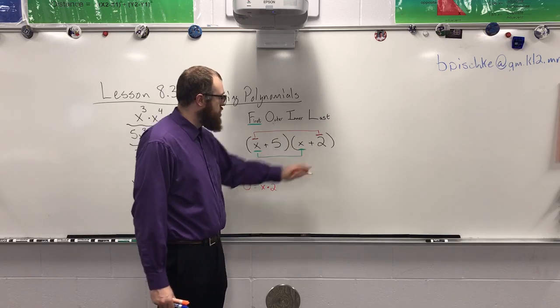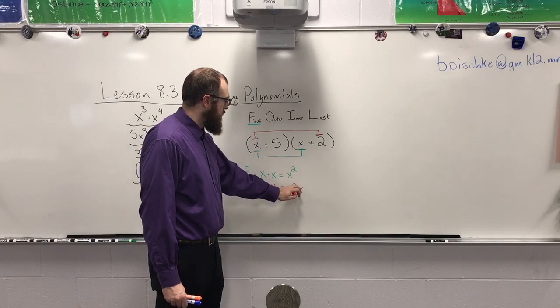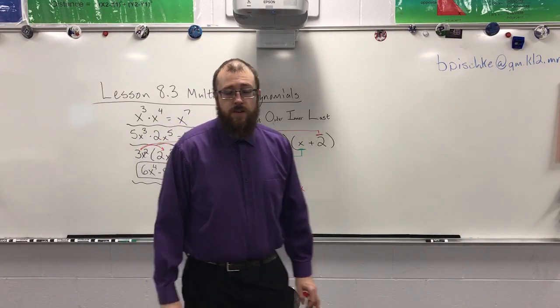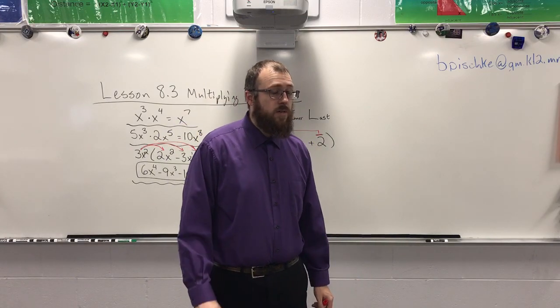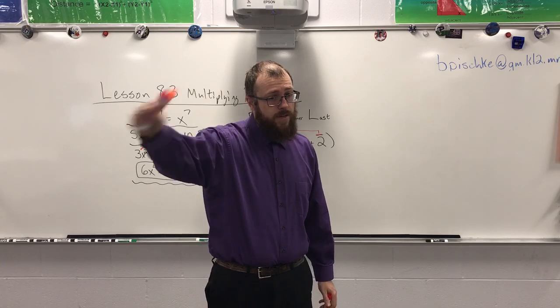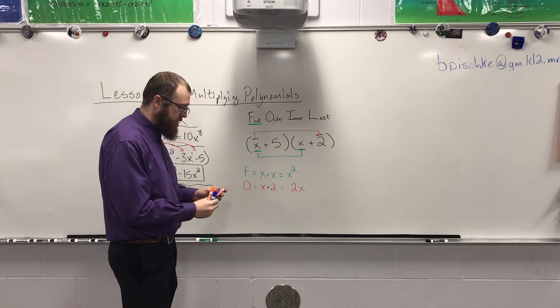X times 2, which gives us 2x. Like I said before, this is like a really weird distribution. So instead of just going from the outside number into all the inside numbers, we're connecting special pairings.